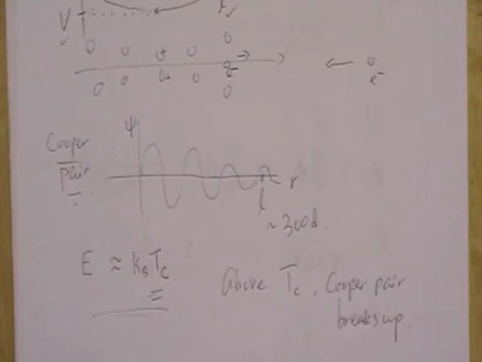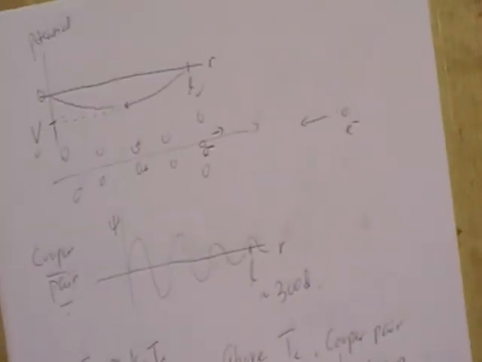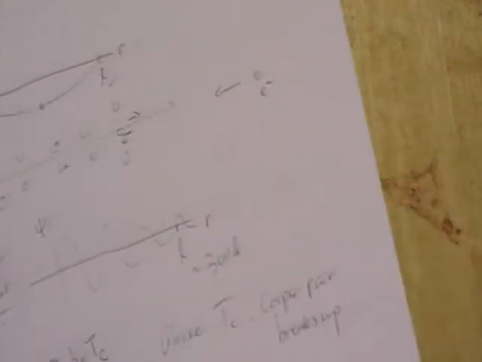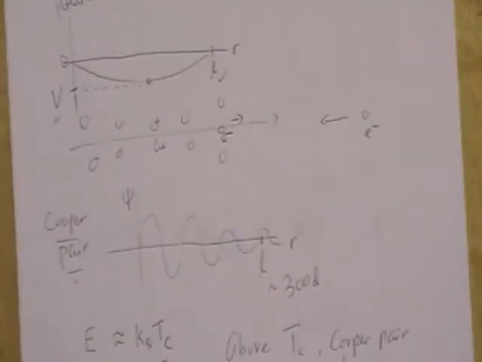Now let's take this idea and work backwards through the list of properties of superconductors, and see how much of those we can explain.